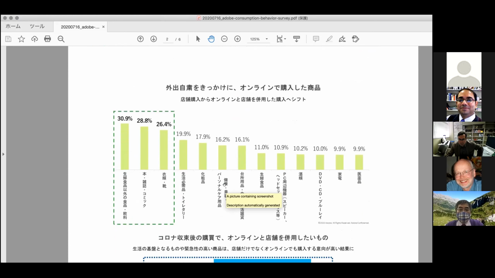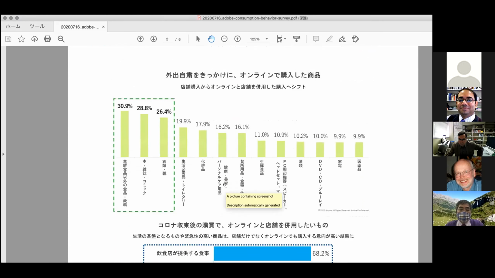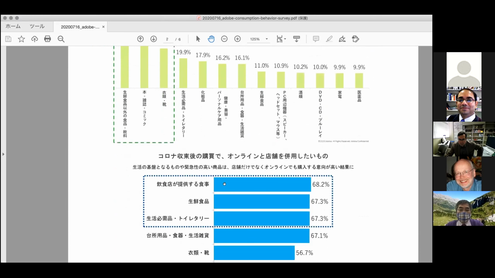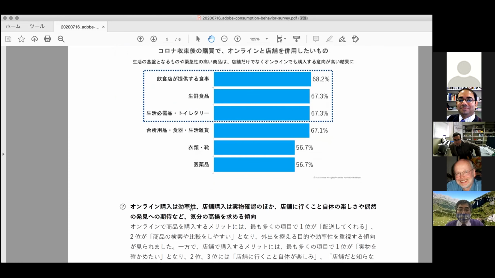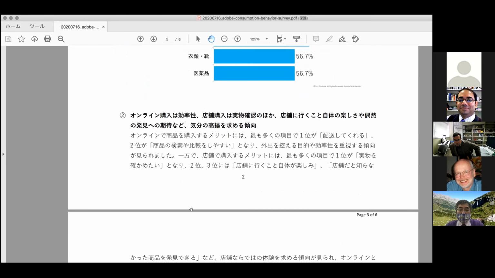The PDF file shown on the screen is the result of a market survey made by Adobe Japan during the warning period for 2020.